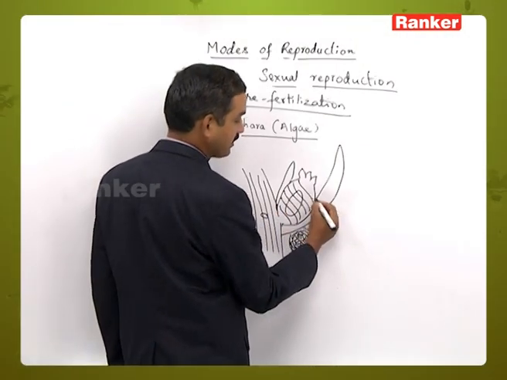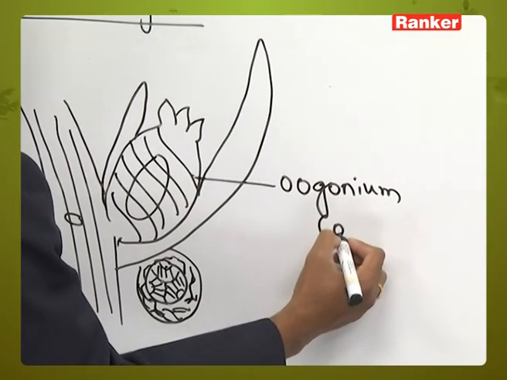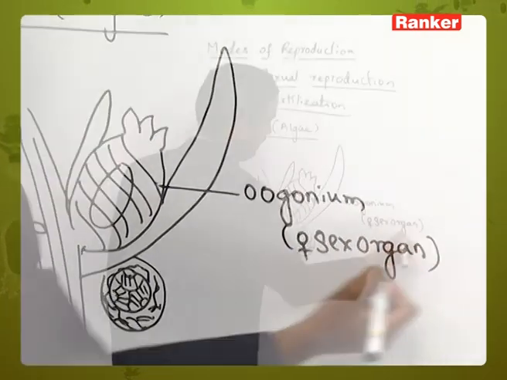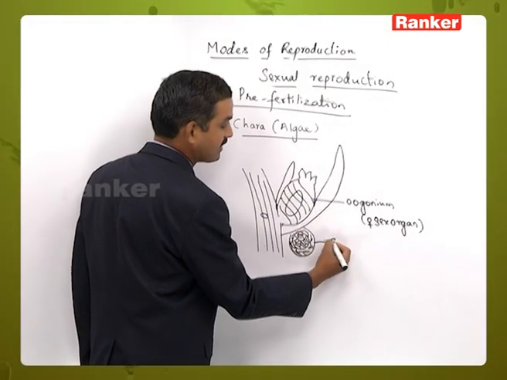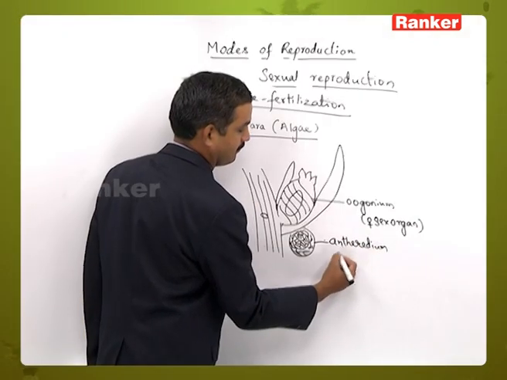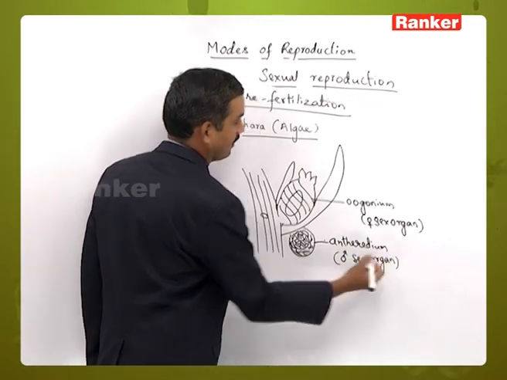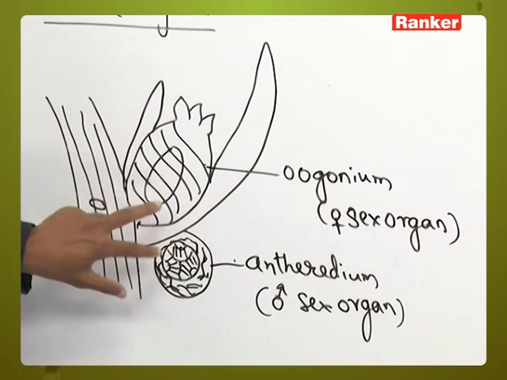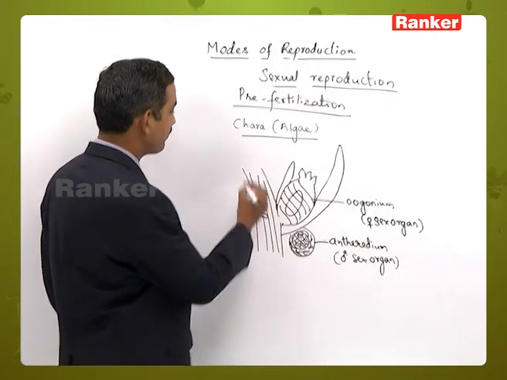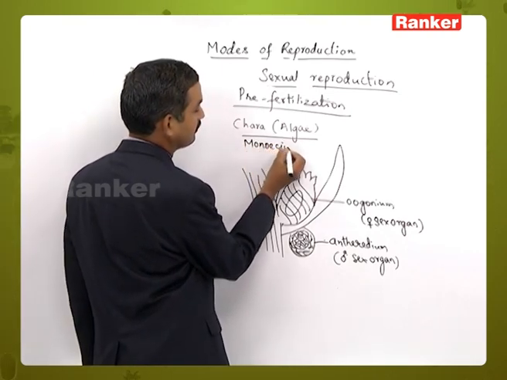The female reproductive structure is called the oogonium, or female sex organ, and below that oogonium the male sex organ is present, called the antheridium. So in Chara, a marine alga, both the male and female sex organs are present on the same plant. This is one example of the monoecious condition.